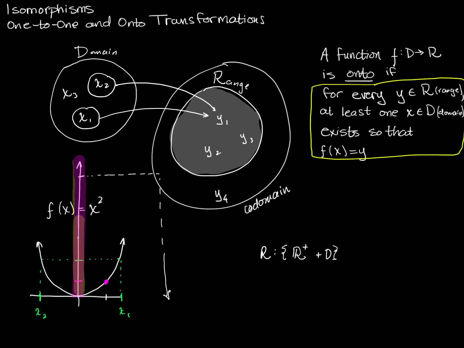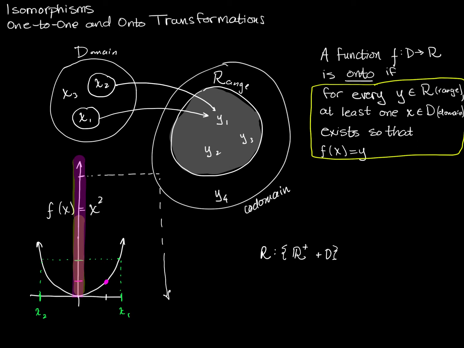Before I do that, note that if I could list all the x's, x1, x2, x3, there's an infinite number of them, but if I could list them, then I could map each one of those to some y value.